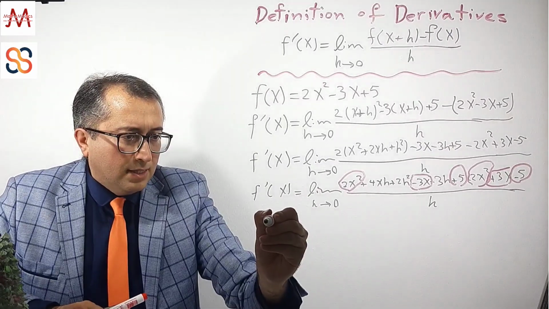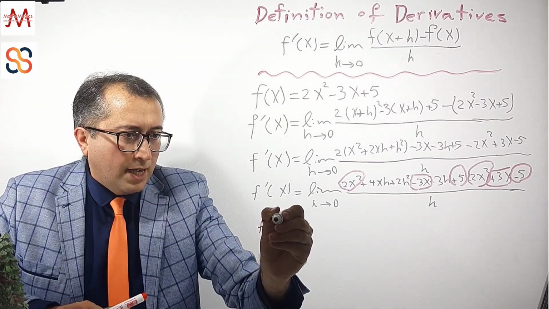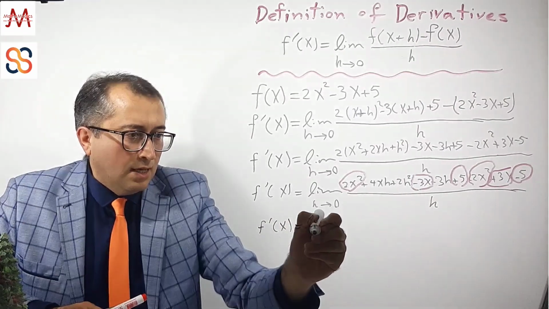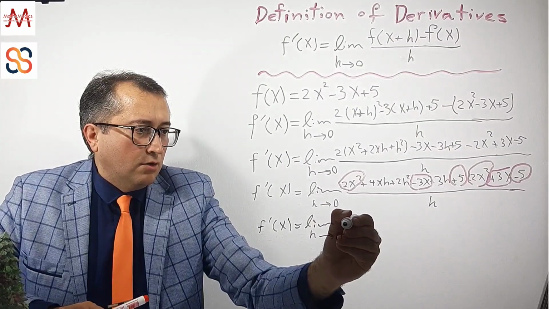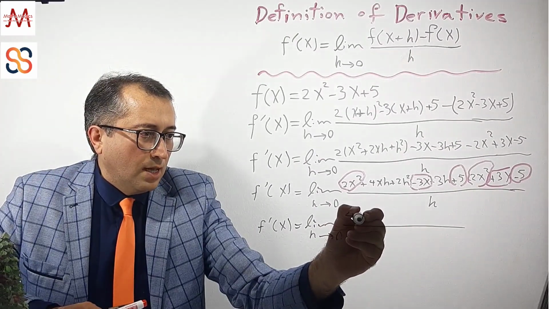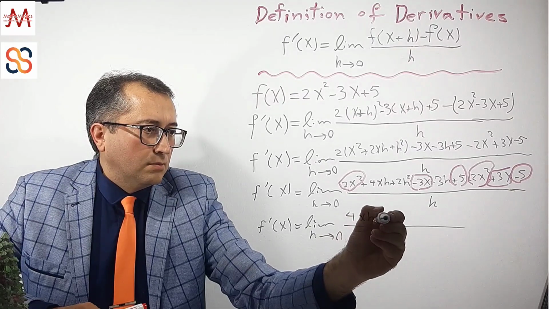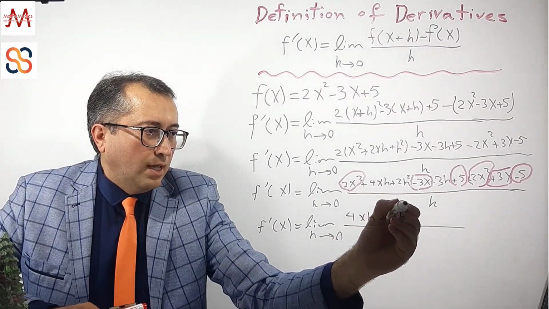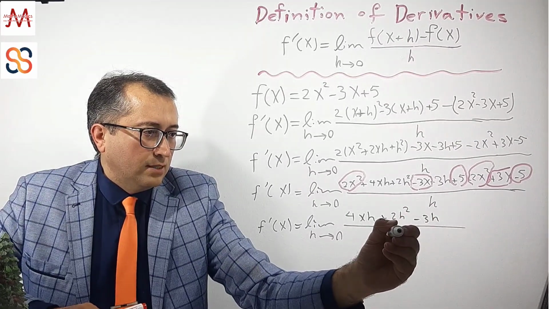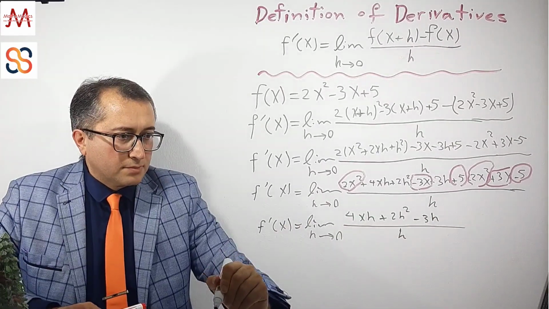Let's do some cleaning. F prime of x equals the limit as h approaches 0 of 4xh plus 2h squared minus 3h, divided by h.